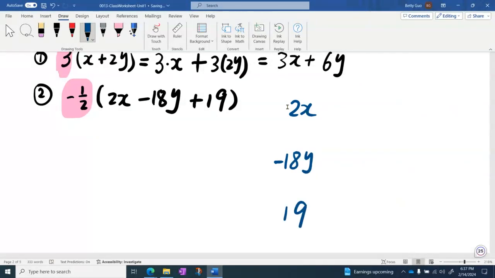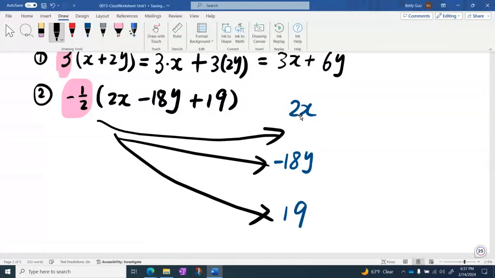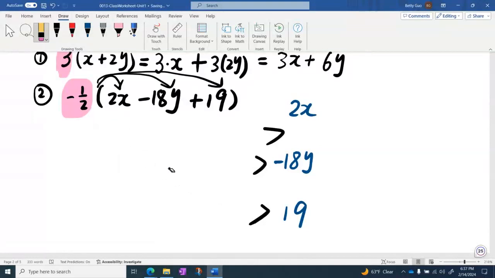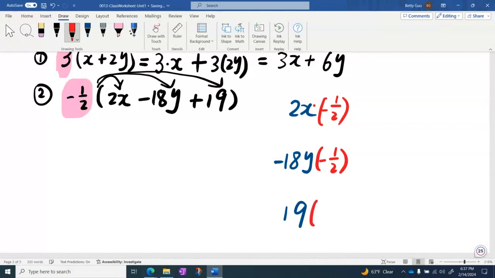We are going to distribute the coefficient to each single one of them. Remember, coefficients always multiply. So we are going to multiply each of the 3 terms by negative half.